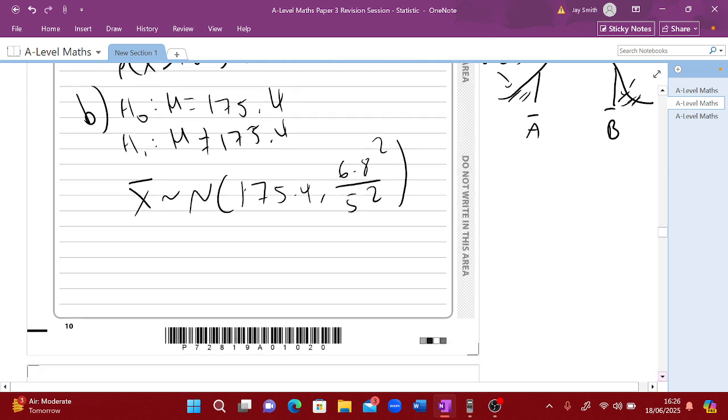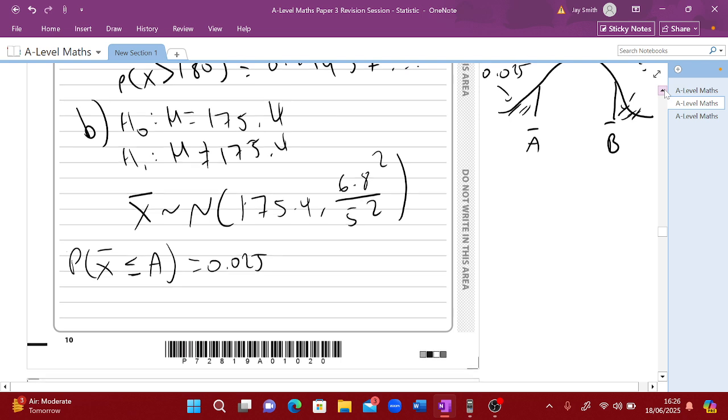So how are we going to do that? First of all, the probability that X bar is less than or equal to A is going to be equal to 0.025, isn't it?